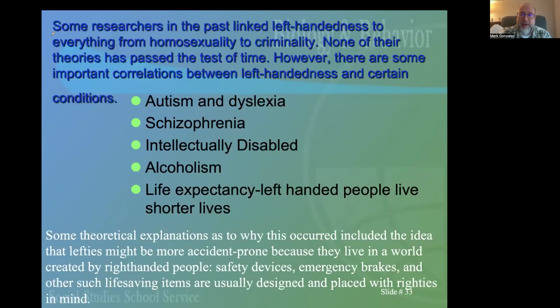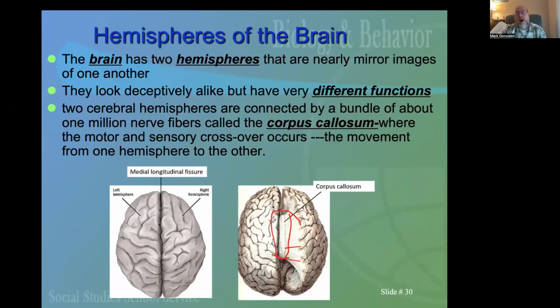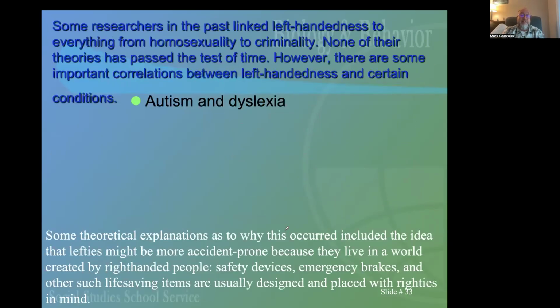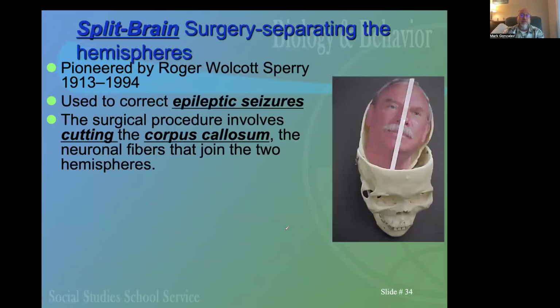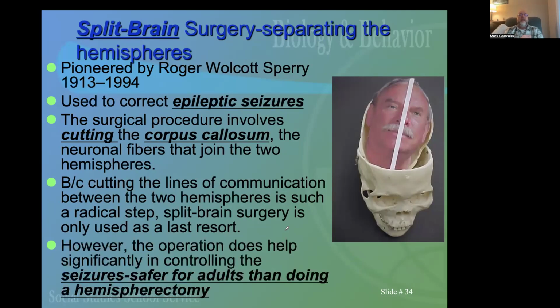Just going back to this picture. Roger Wolcott Sperry theorized that he could cut down seizures in people by snipping this. So you leave the two parts of the brain in there, but you cut off that part. And he theorized that indeed that would correct epileptic seizures.